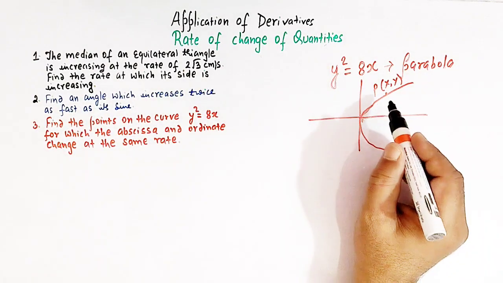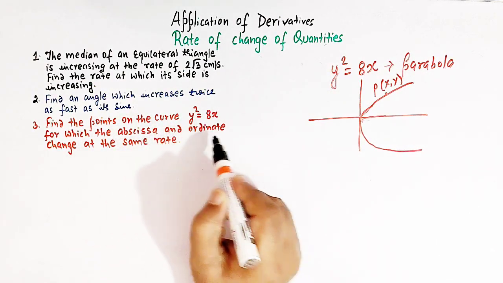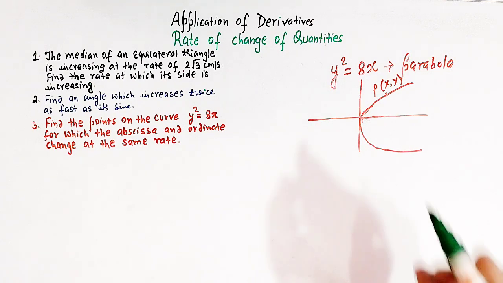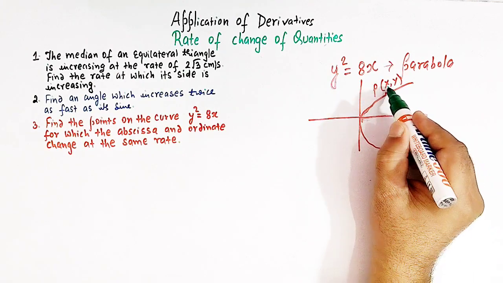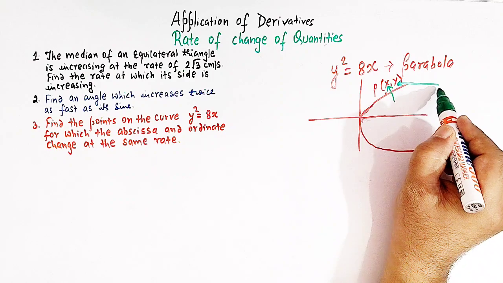Now we have to find a point P on this curve whose coordinates are x comma y, and we are given that the abscissa and the ordinate change at the same rate. Now see, the x coordinate is known as the abscissa, and the y coordinate is known as the ordinate.